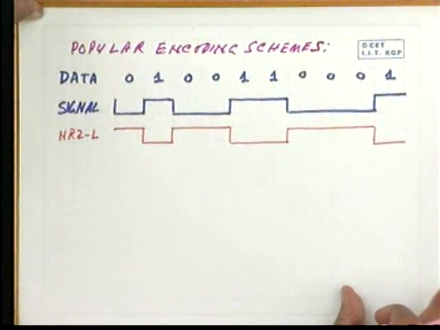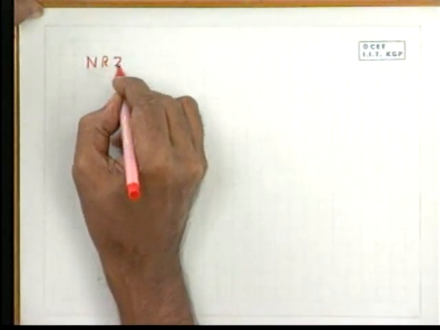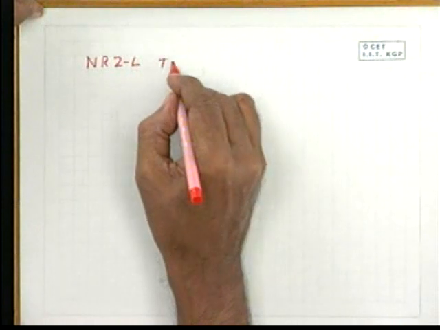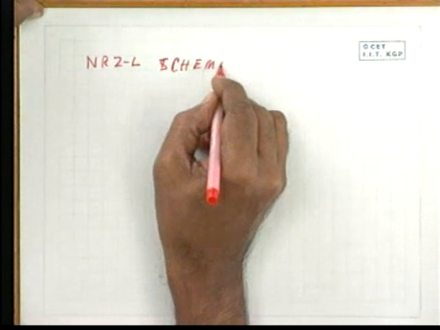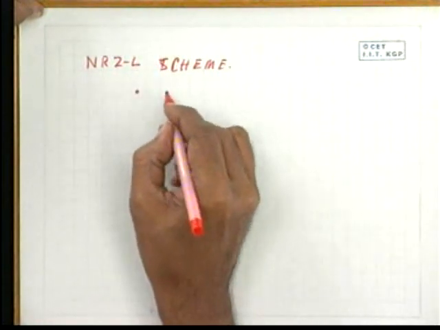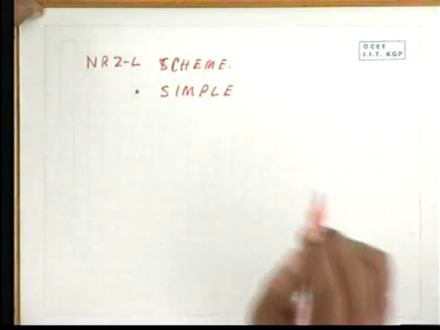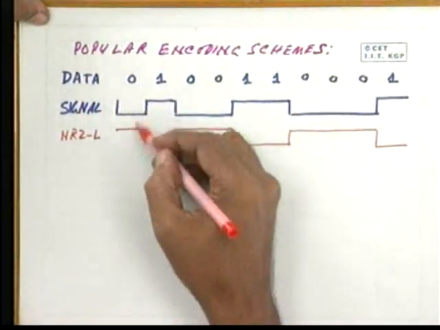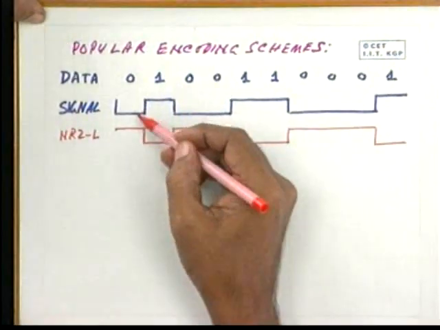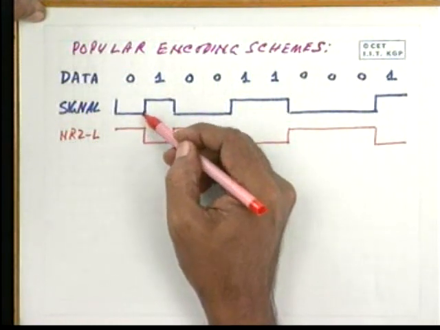Let us see what are the properties of this NRZ-L technique or NRZ-L scheme. First of all, it is simple and it has direct correspondence with the data, and it can be very easily mapped from data.